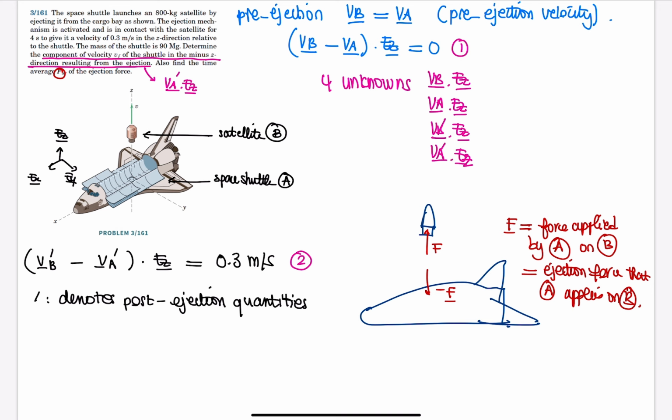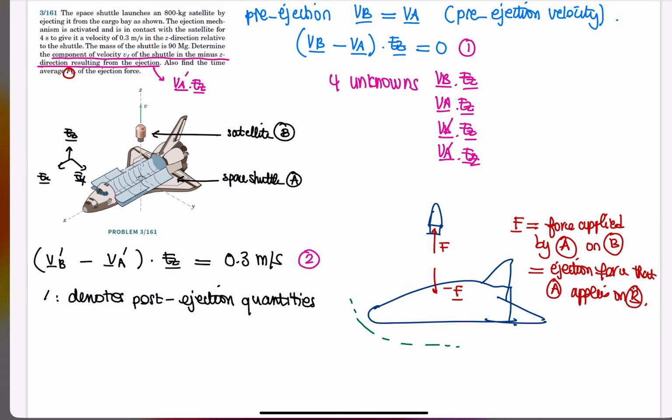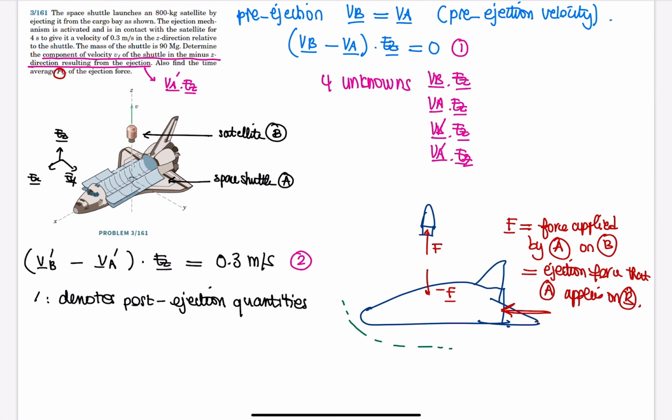So now notice, if I consider the combined system, okay, look, there could be thrust forces acting on the system, like the engines thrusting the space shuttle like this. Also, there could be thrust forces like this.